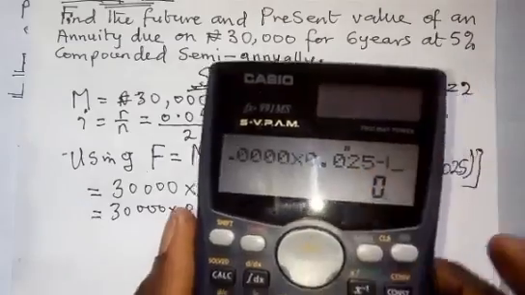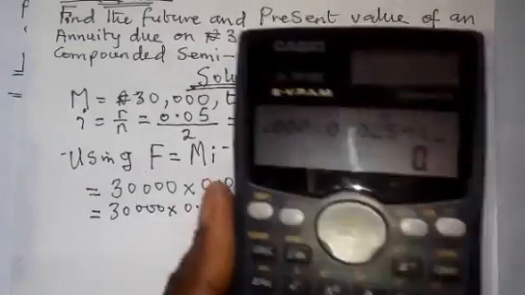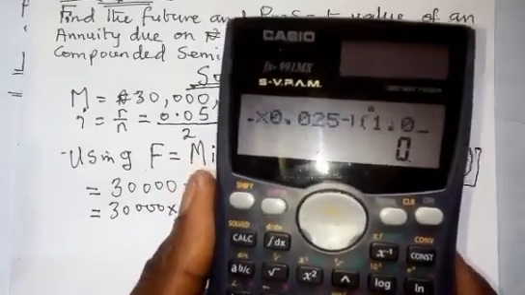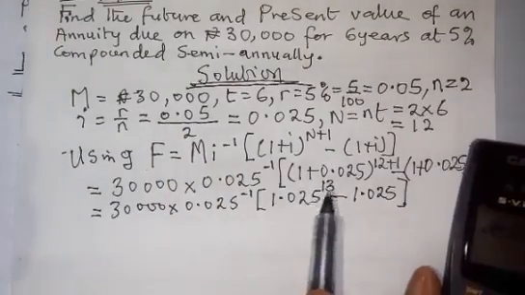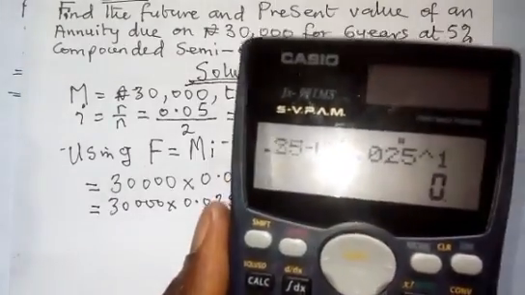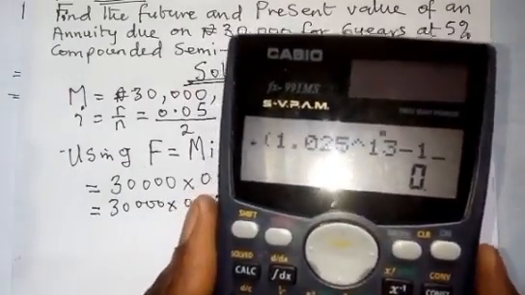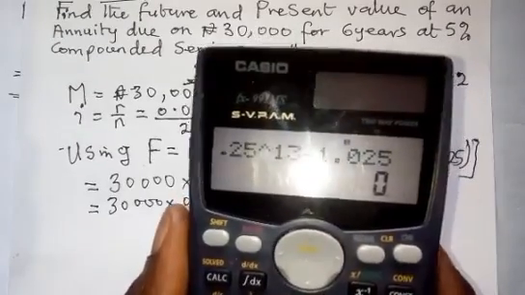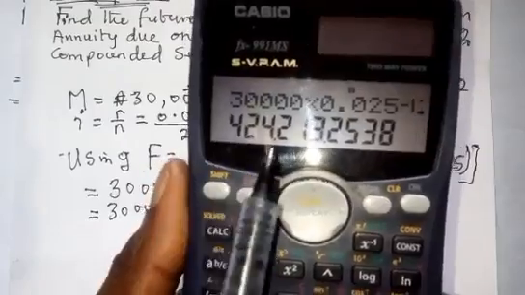Then open bracket, 1.025 power what? Power 13, so we have 13 there. Then minus 1.025, and then we close the bracket and press equals. There you have it.